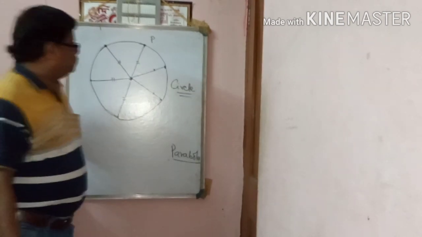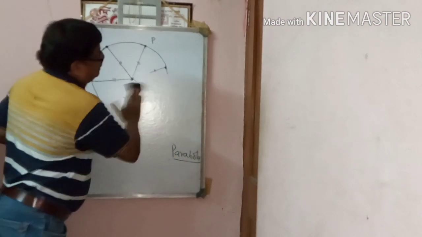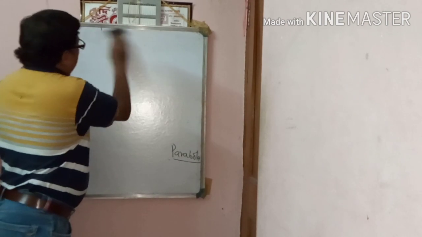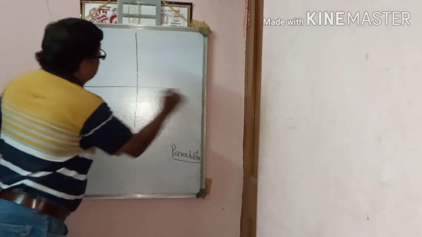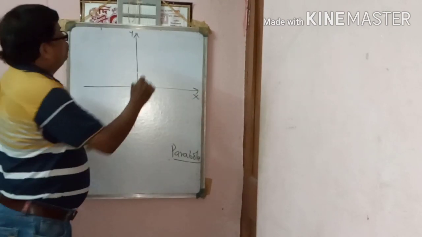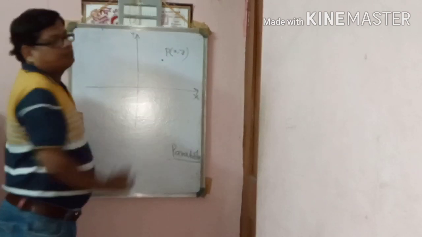Now, find the equation of the circle. See, all of you know two perpendicular axes here. This is the x-axis, this is the y-axis. Now, P is any point. Suppose P(x, y) is any point.